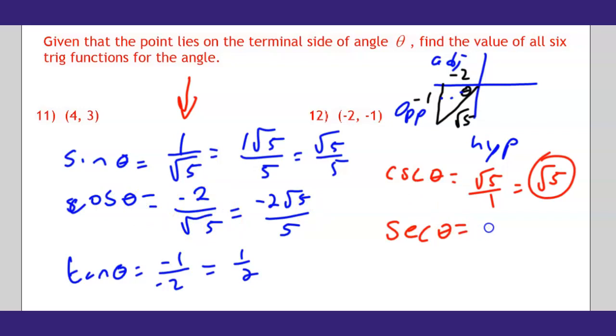Invert that. Negative square root of 5 over 2. And then cotangent. Flip 1/2. It's 2 over 1, which is 2. Those are your 6 trig functions right there.